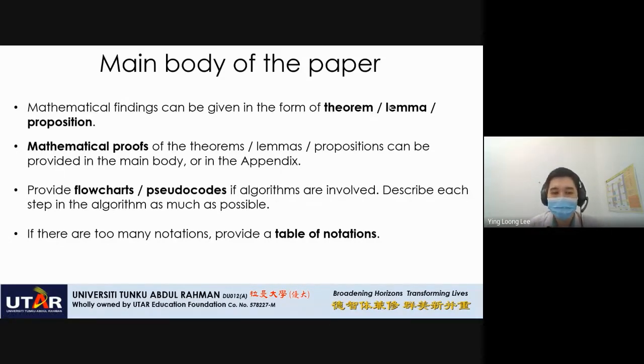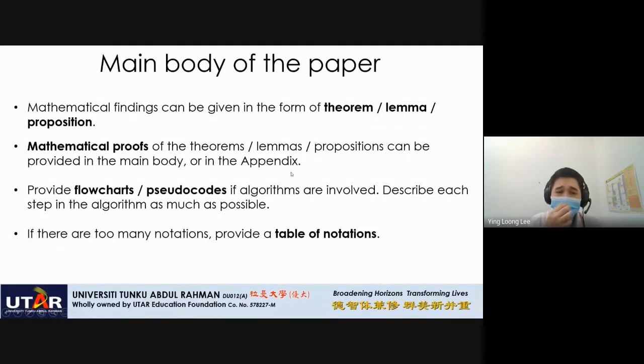With this, you can organize these mathematical findings in this structure, as a theorem, lemma, or proposition, because these could be important findings. If you do it that way, it highlights that it's something important. The proofs you can provide in the main body or put in the appendix.